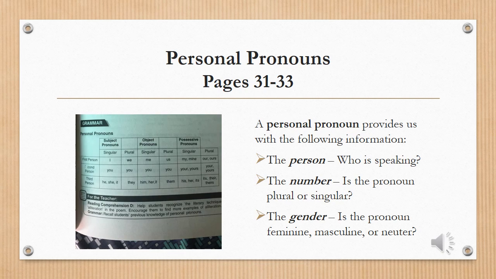To sum up, we can say a personal pronoun provides us with the following information: the person who is speaking, the number, whether the pronoun is plural or singular, and the gender, whether the pronoun is feminine, masculine, or neuter. For further clarification of the concept, read pages 41 to 42, point numbers 122 to 131 of High School English Grammar and Composition by Wren and Martin.